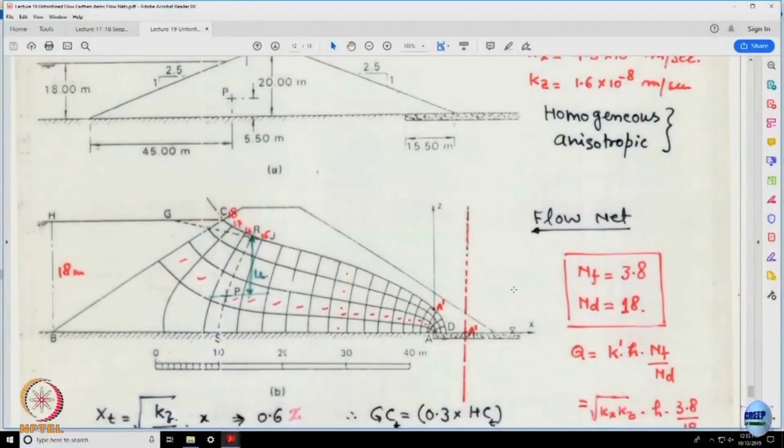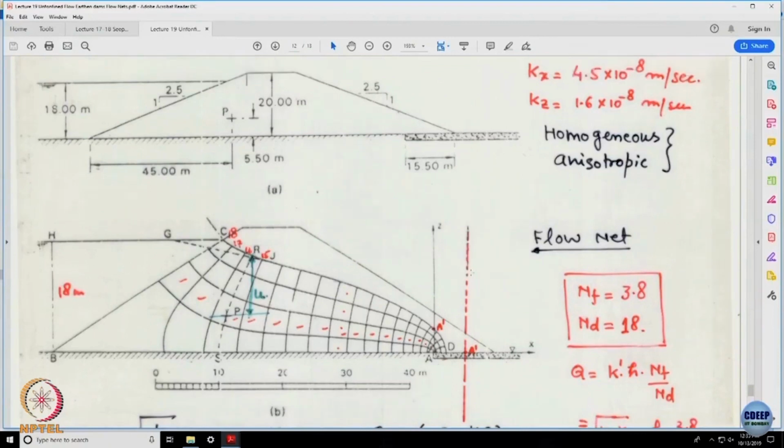Now, we will take the situation where the two problems which I wanted to discuss are related to the confined flow. I hope you must have realized it is very difficult to draw the flow nets in case of the embankment by hand. One has to be a very good artist, otherwise it is extremely difficult because it is a very complicated set of flow nets.